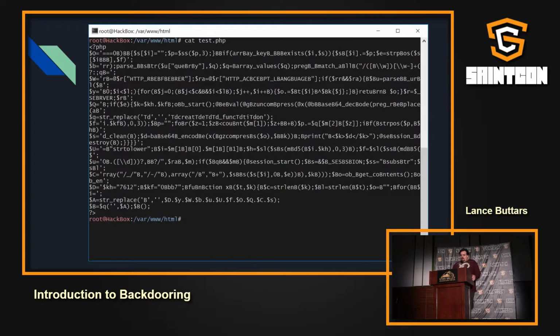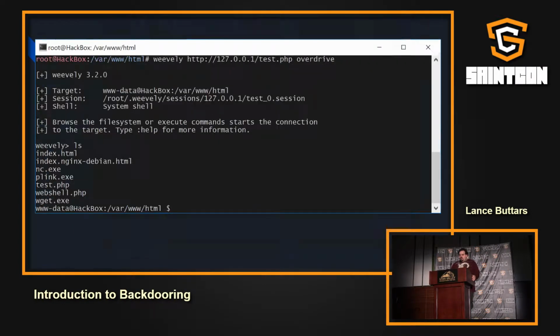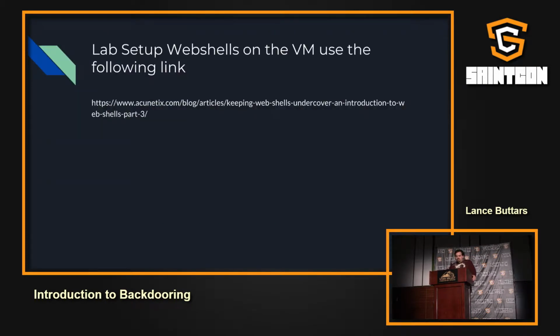Then we take that web shell and move it into our HTML directory. When we connect to it over Weevely, we have all of our options. We can do ls and all kinds of cool backdoory stuff. Next lab, we're going to generate a Weevely web shell, connect to it, run it and play with it.